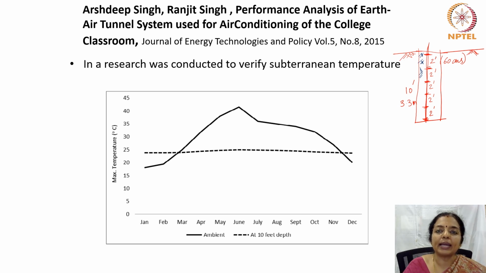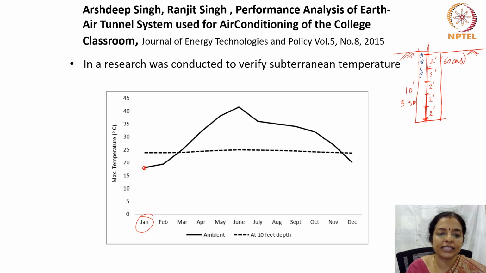The ambient temperature is actually the maximum day temperature that is recorded, and this is averaged over one whole month. So if you take, say, the month of January, what they did was they plotted the temperature which is the average of the maximum daytime temperature.